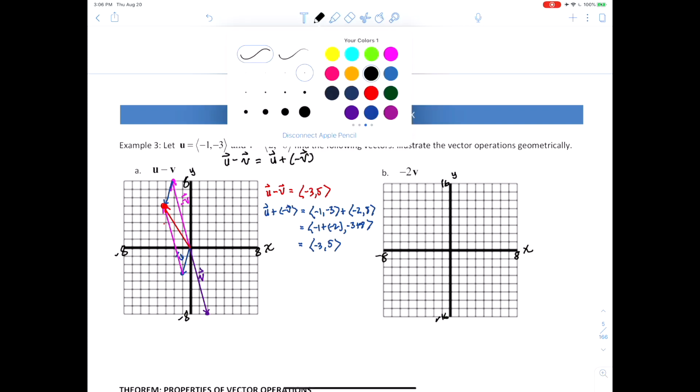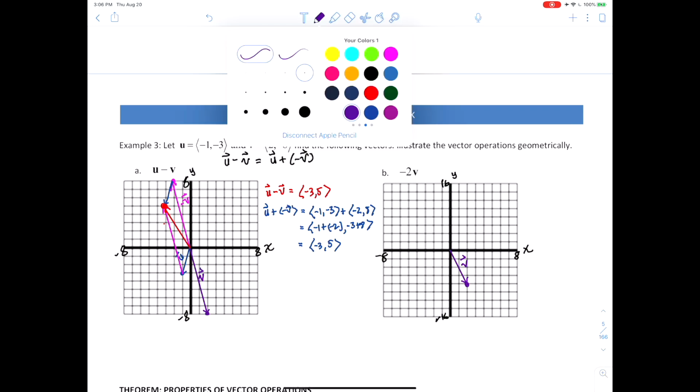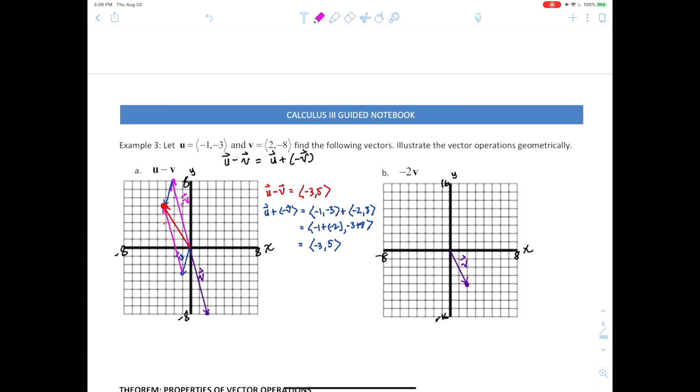So again, if we draw V, what did we draw V in initially? Purple. We were at 2, -8. So we'd be at 2 and then 2, 4, 6, -8. And so here we are. That is V. Well, we've already flipped V, haven't we? And we flipped V using this color. And so that ends up being here, 2 to the left and then 2, 4, 6, 8 up.